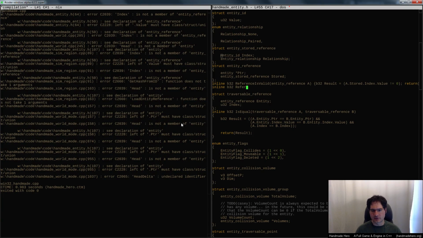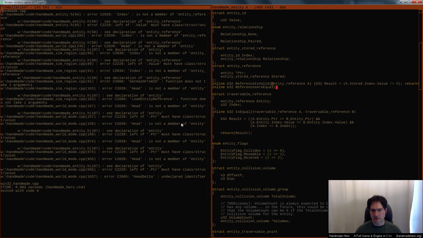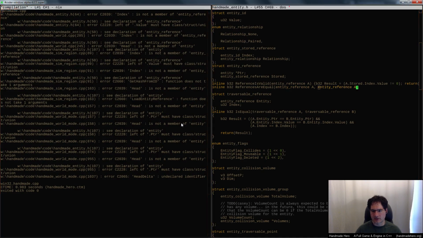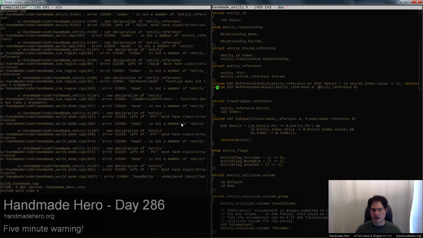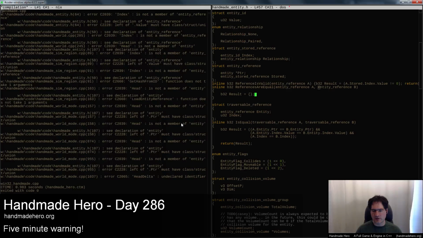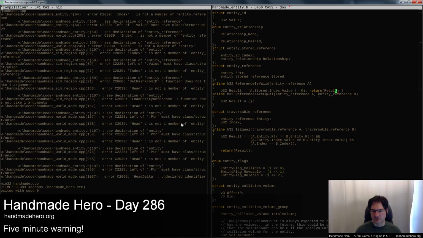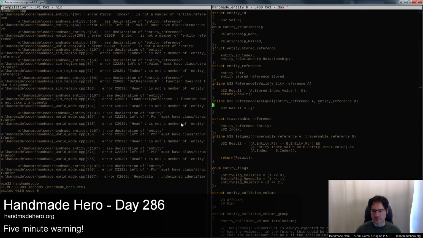Something like references are equal, and we say entity reference A, entity reference B, which is a little confusing because it's hard to say whether that should include the relationship or not. But that, I guess, will be something we'll have to think about a little bit more down the line, right?